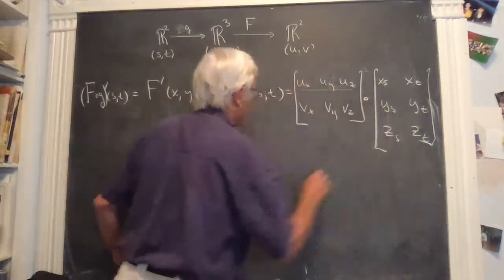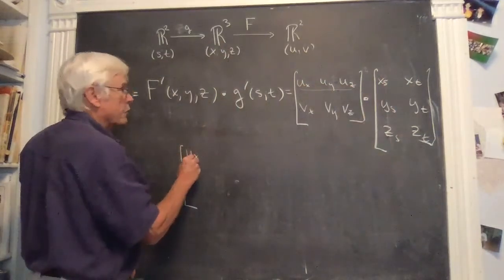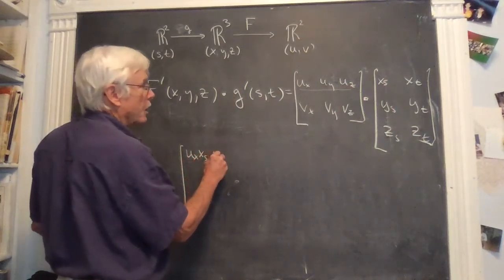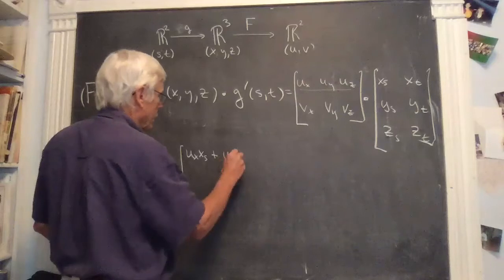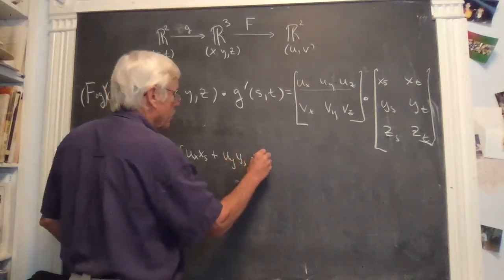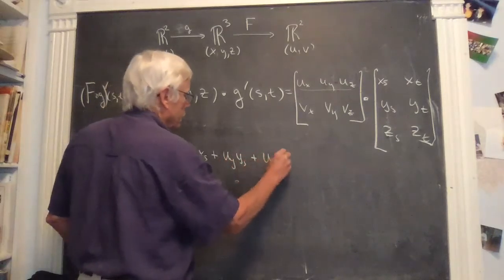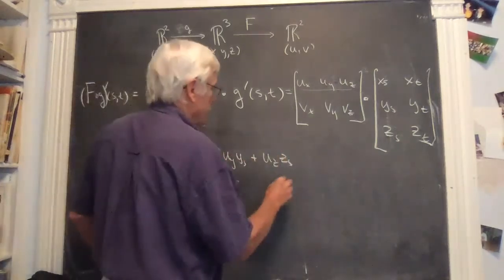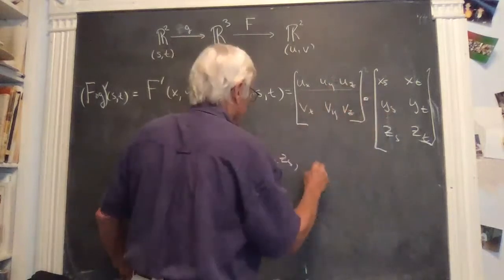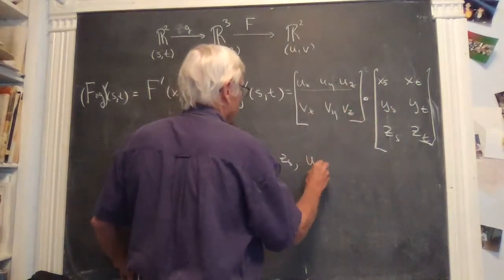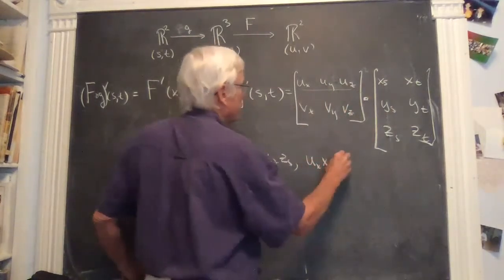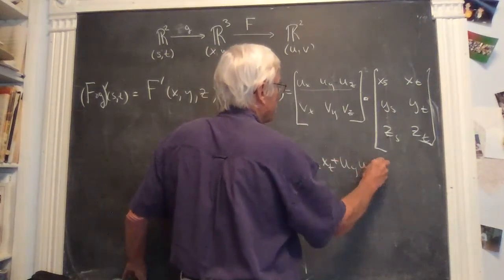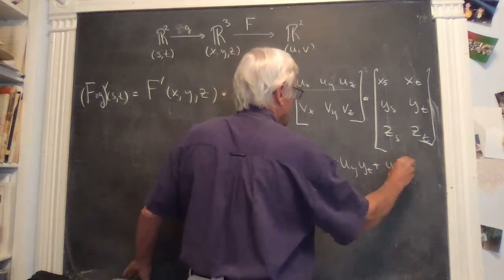First row, first column is u sub x, x sub s, plus u sub y, y sub s, plus u sub z, z sub s. And then first row, second column, u sub x, x sub t, plus u sub y, y sub t, plus u sub z, z sub t.